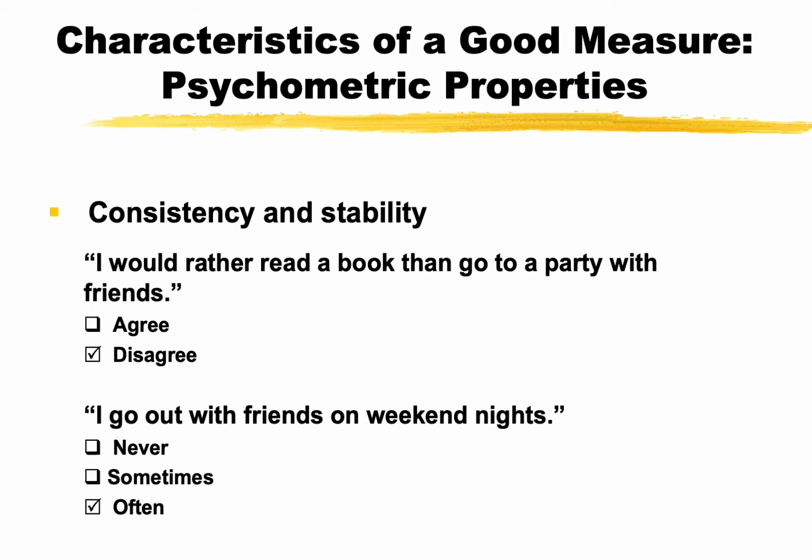If these items are reliable, we would assume that a person would answer them in the same way the first time they took the test and the second time, let's say a couple days later. But if the person was receiving some kind of intervention to help improve extroversion, or to make the person more socially outgoing, then the second time the person took the test, we would hope to see a change in their answers in the expected direction.